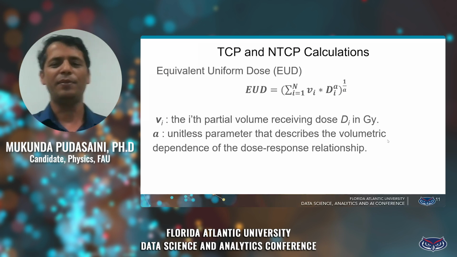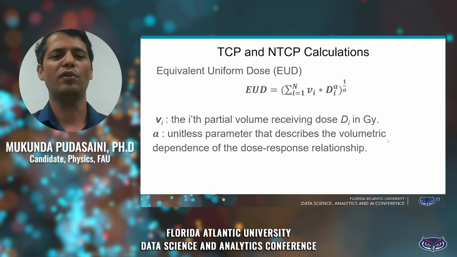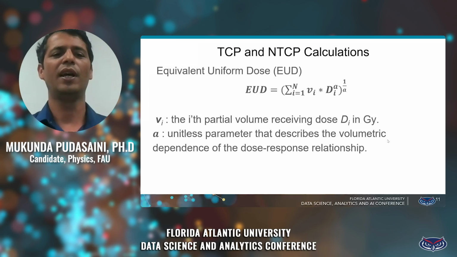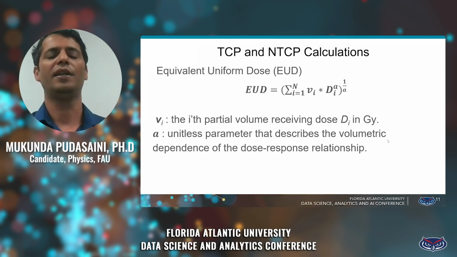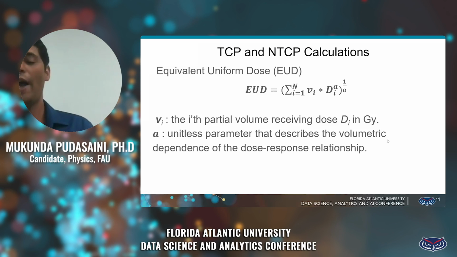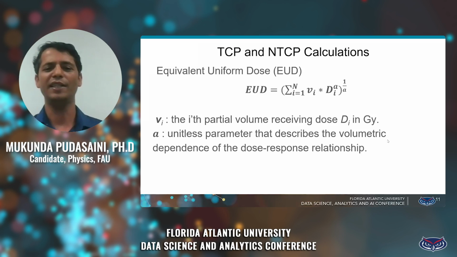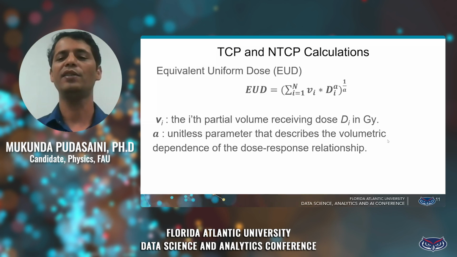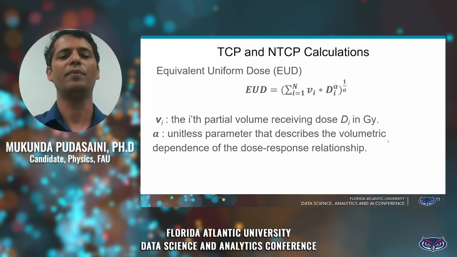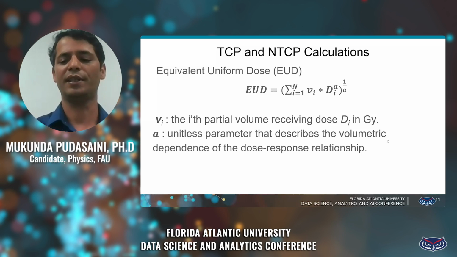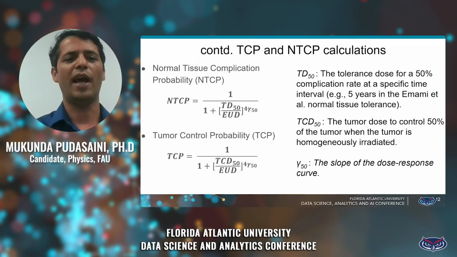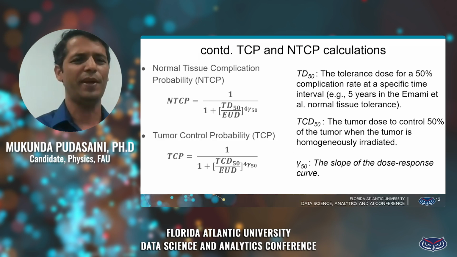To calculate TCP and NTCP, we have to know the equivalent uniform dose, which is defined by this equation. Here, in the EUD equation, the vi is the ith partial volume receiving dose Di in gray, and alpha is a unitless parameter that describes the volumetric relationship of the dose response relationship. These equations are used to calculate TCP and NTCP.